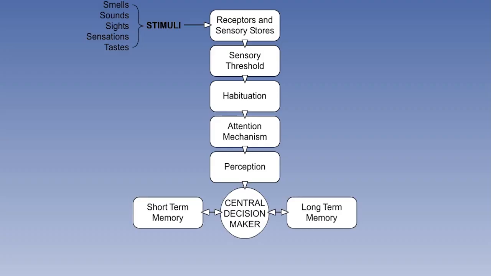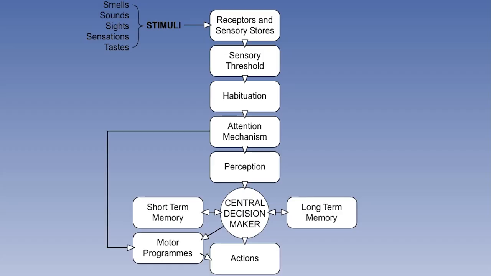In reaching an interpretation of these stimuli, our central decision maker relies upon our short-term and long-term memories. The central decision maker then decides upon a course of action. It may be an unconscious action, called a motor action, such as changing gear in a car, or a conscious action, such as selecting an engine close-down program.